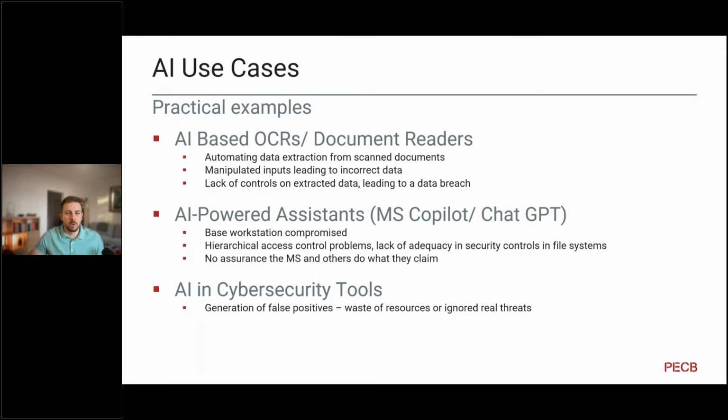Okay, so further on in use cases are AI-based OCRs. These are document readers. A very common case where these are used is in accounting automation. So you have an invoice or a paper bill that you wish to import the data from.